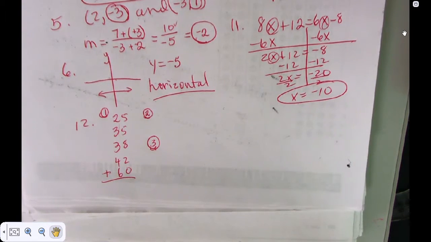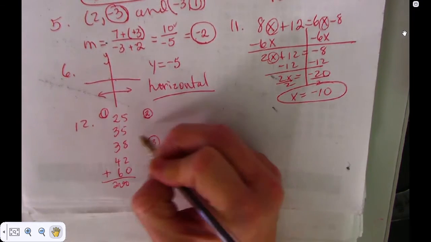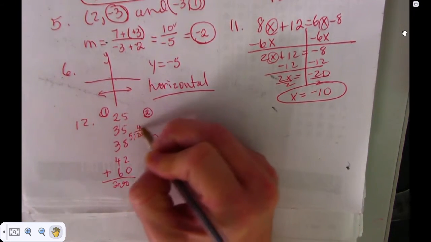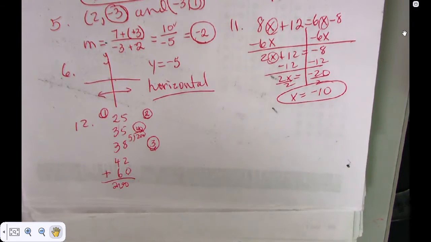Get the mean first. So I'm going to add this up and get 200, and some of y'all did that. And you divide 5 into 200 and get 40. And y'all got 40. And that would have been right if I was asking for the mean. But I asked for the mean absolute deviation. So now, the A, absolute, reminds you to go subtract, but take the absolute value.